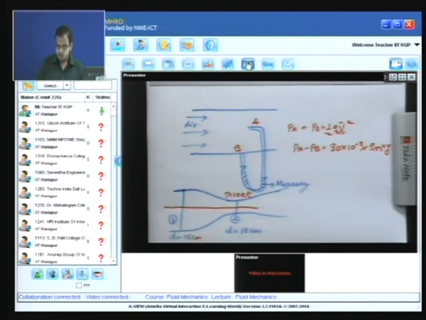Now, we can apply Bernoulli's equation along a streamline, the red line, and relate the pressure and velocity at sections 1 and 2 respectively, the average velocities at 1 and 2.